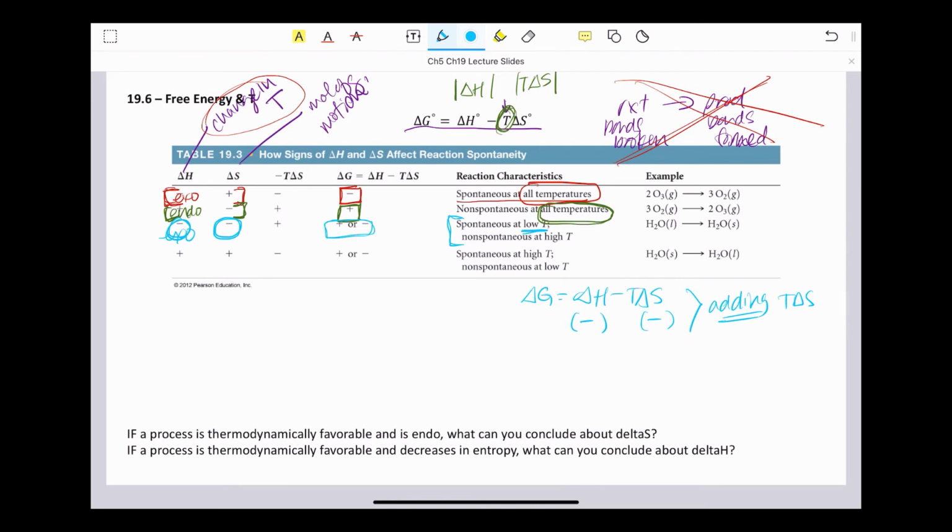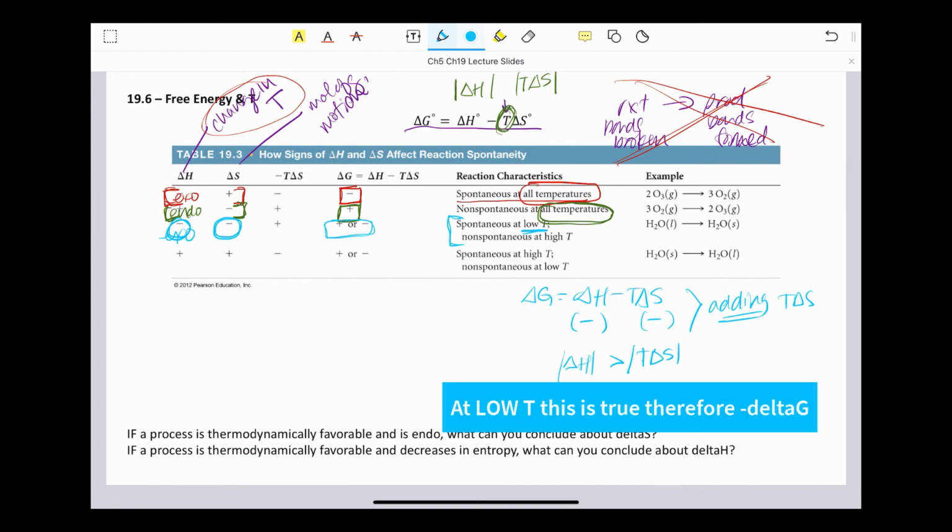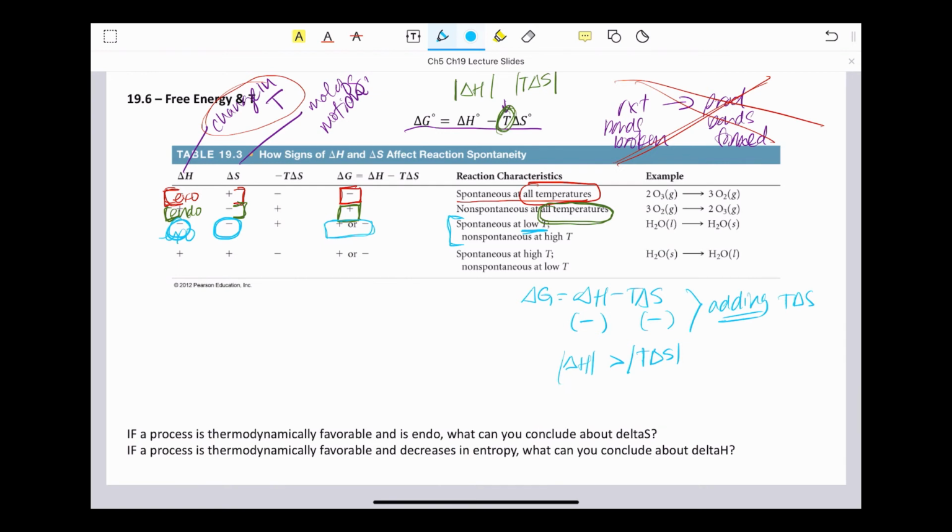So as long as the absolute value of T delta S is less than the absolute value of delta H, then delta G will be negative, which is why this is spontaneous at low temperatures, yes?